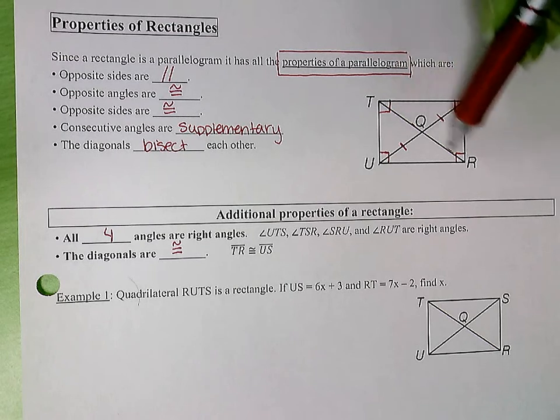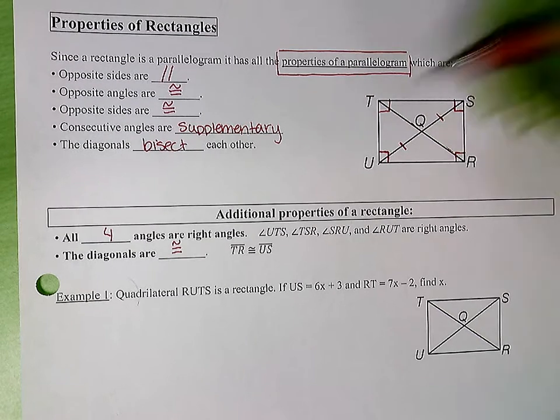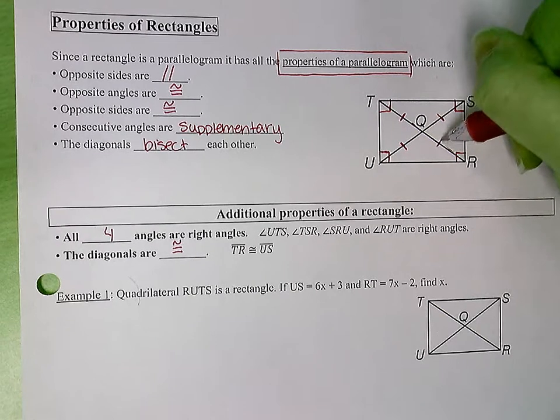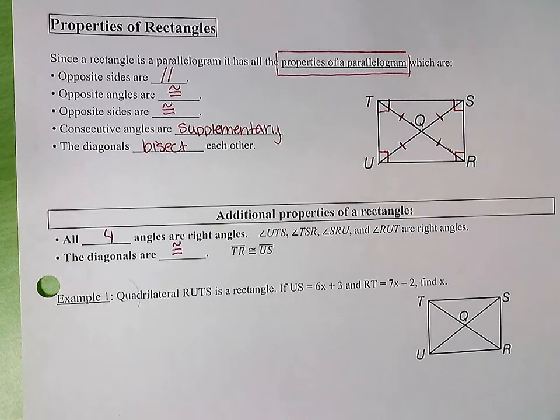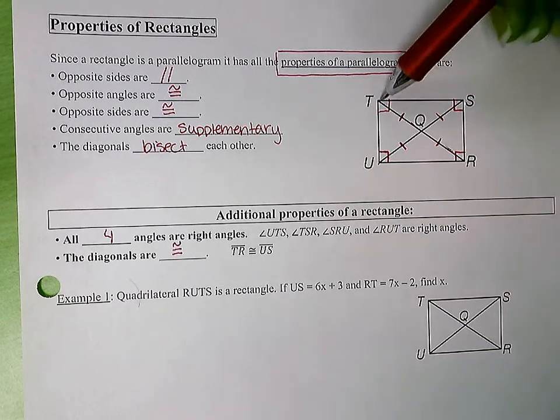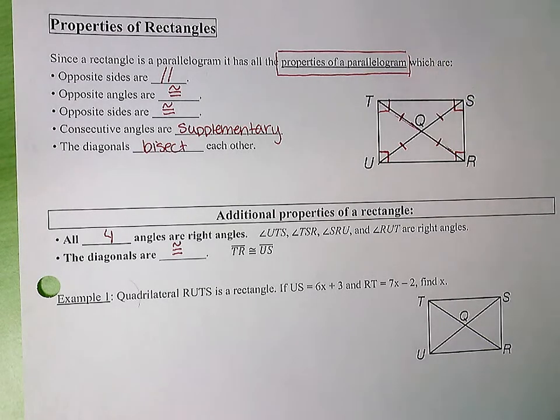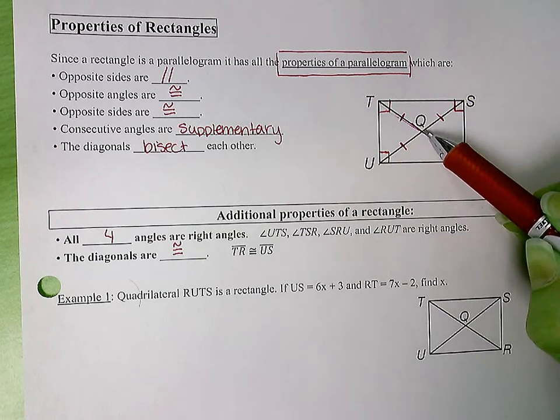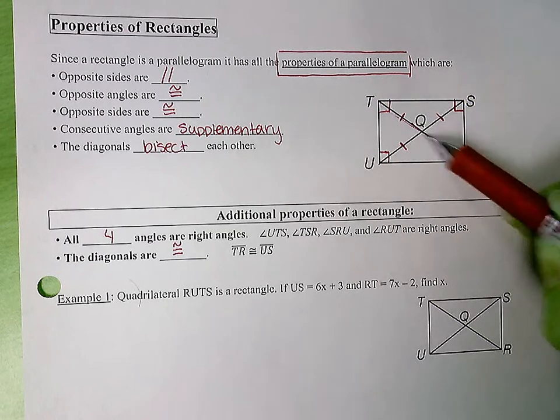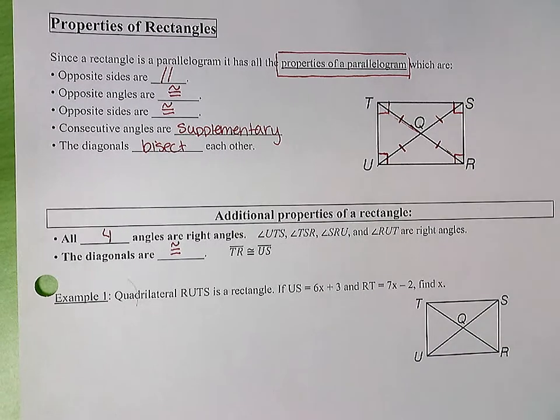Well, since these two diagonals are congruent, I could also say TQ is congruent to QS. So each of these smaller pieces in a rectangle are congruent because your diagonals are congruent. Does that make sense?